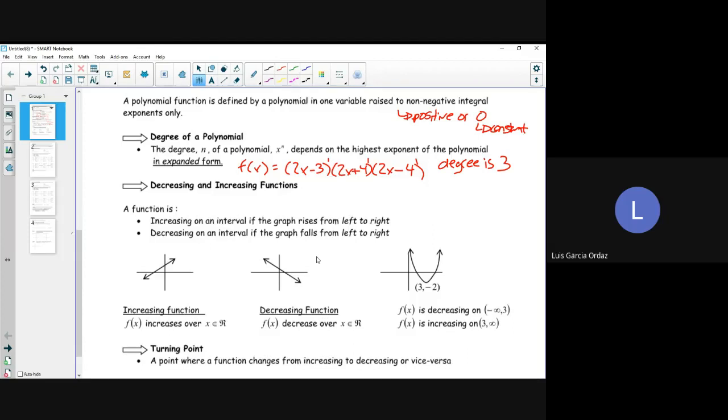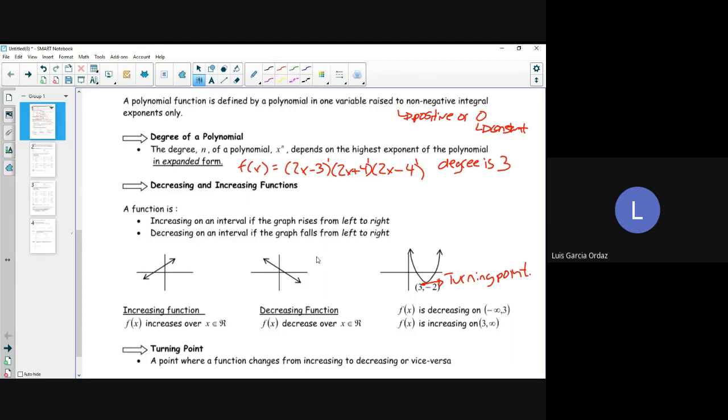So now we're going to look at decreasing and increasing functions. So a function is increasing on an interval if the graph rises from left to right, and decreasing on an interval if the graph falls from left to right. All right? So, like I said, this over here is going to be called your turning point, which is usually just the vertex.